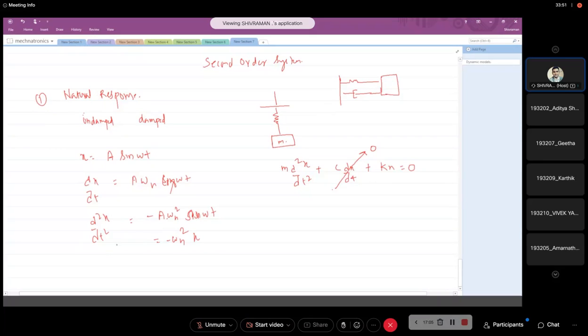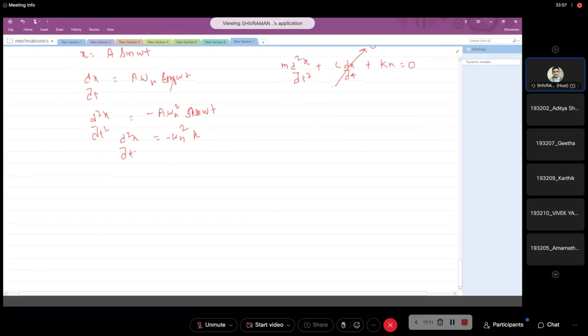So d²x/dt² is equal to minus omega n squared x.